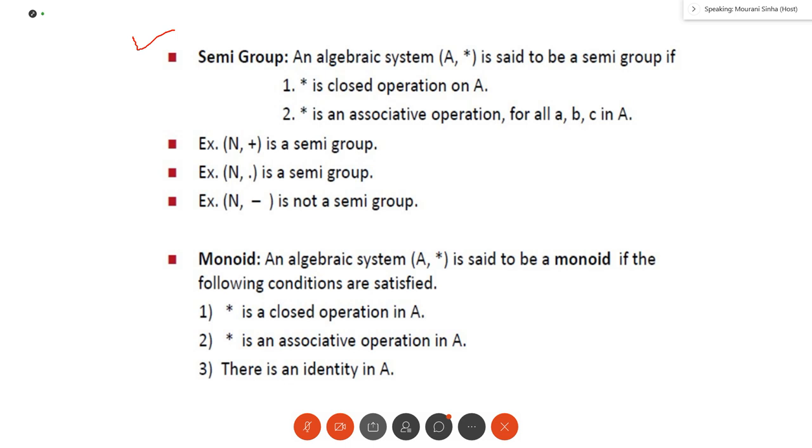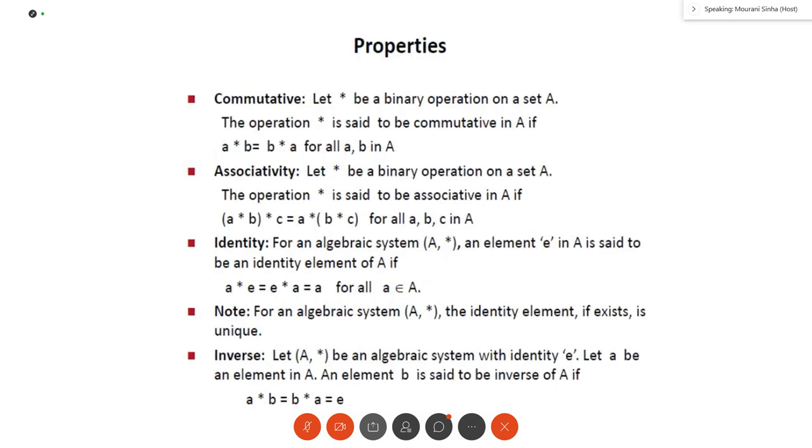So for an identity element, you should have an element E belonging to A such that A star E equals E star A equals A. That means I should get an identity element E such that when operated with all the elements, it gives back the same element. For example, addition on the set of integers: 0 is the additive identity, because to any number, if I add 0, I get back the number.